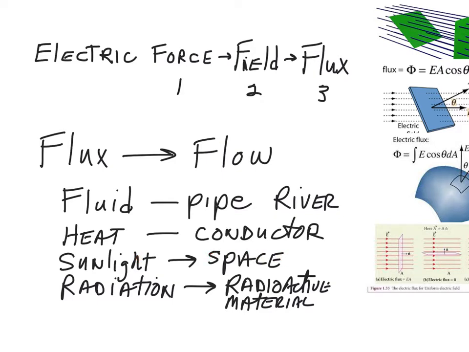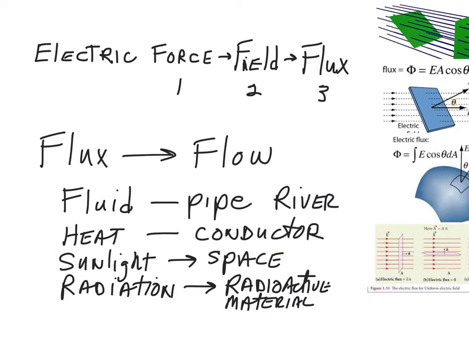Sunlight flows out through space. What's the flux of sunlight arriving at the Earth? A radioactive material emits radiation. What's the flux of radiation that hits a person who's standing near the radioactive material? So those are all examples of the flow of something through space, and how do we measure it?